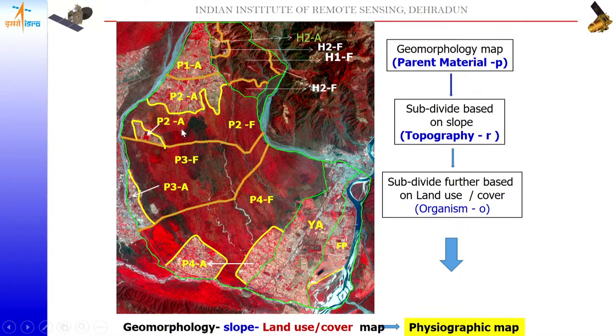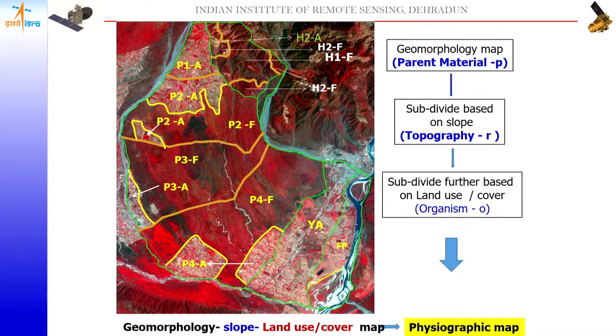So now what we are getting, this unit is the physiographic unit or soil landscape unit, where P2F represents that the entire area is Piedmont with moderately high slope, P2, slope 2 category, and the entire area is forest, and you can say the three soil forming factors are the same in the entire polygon. If soil forming factors are the same, then similar soil will develop in this area. So at any place you can take the soil sample, which will represent the entire area.